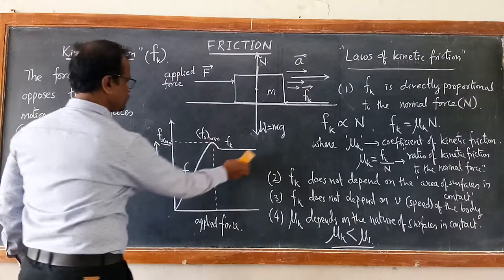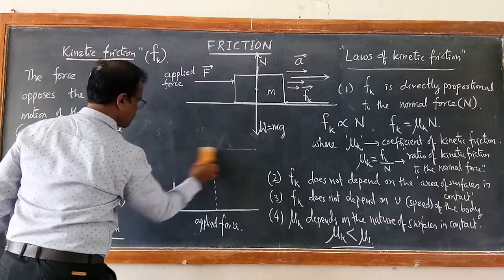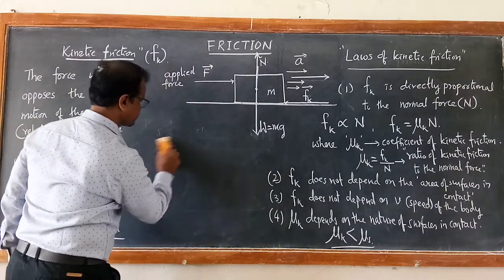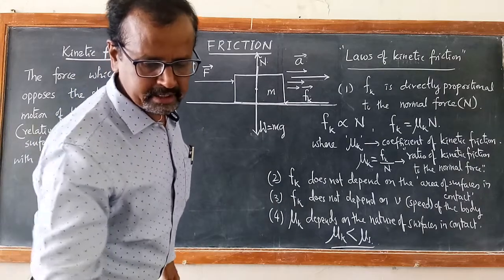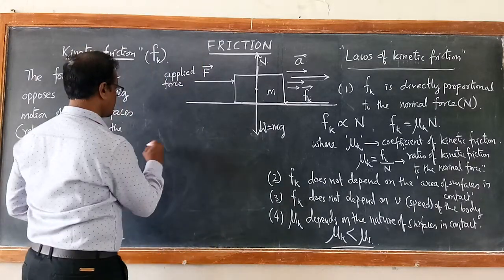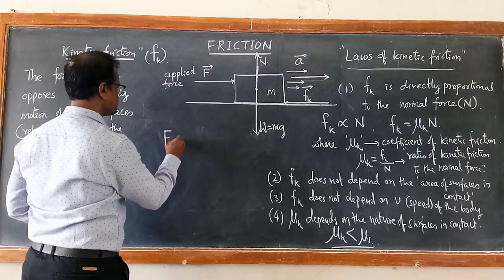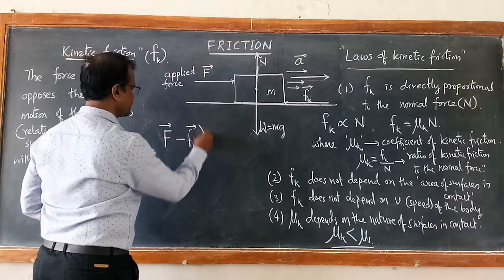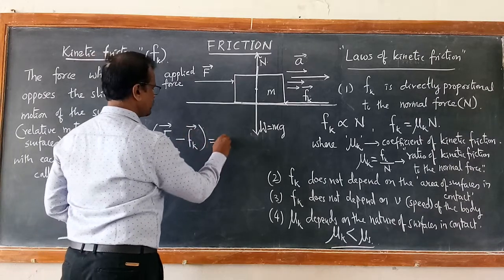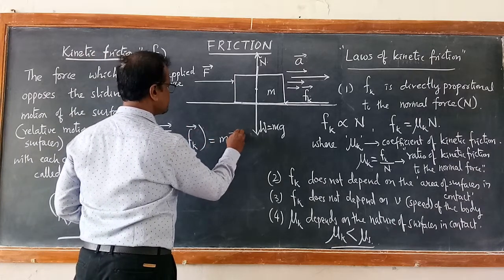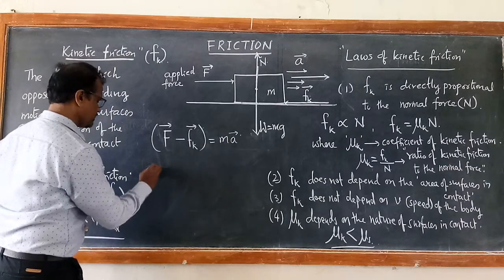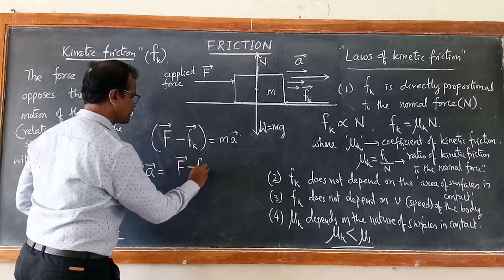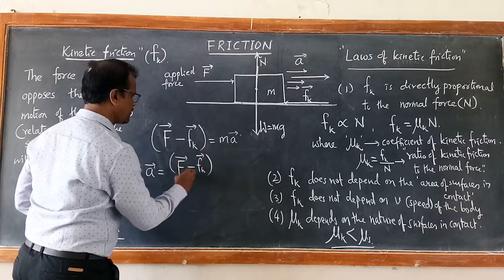So if you write the equation for Newton's second law, when there exists a kinetic friction, Newton's second law now gets modified in this way. F minus Fk becomes equal to m into a, where a is the acceleration. Thus now acceleration can be calculated as F minus Fk divided by m.